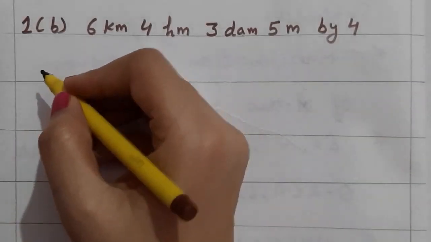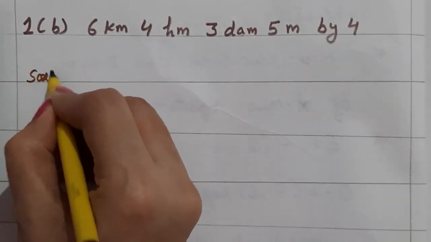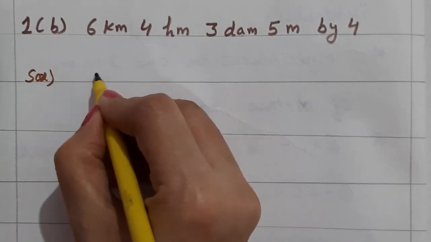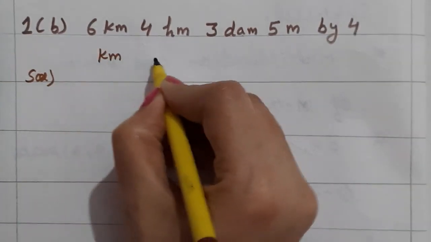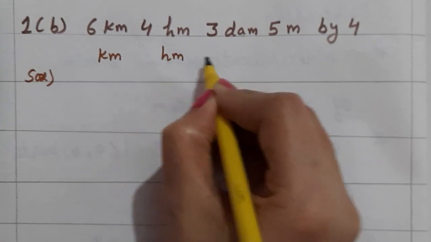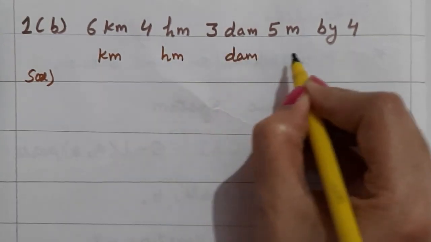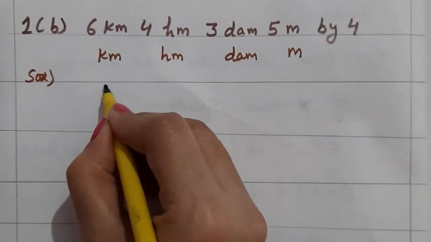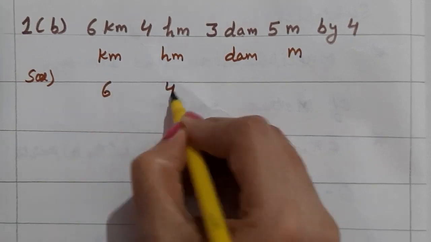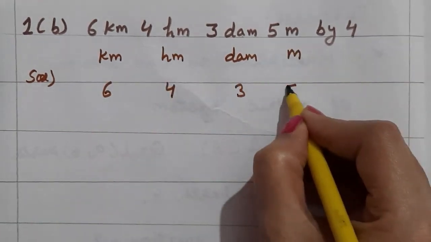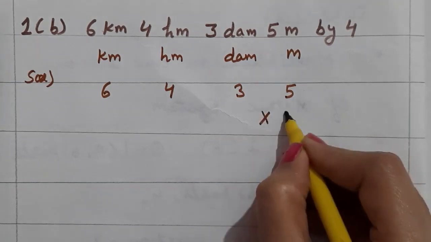So first of all we will write down units. Kilometer, hectometer, decameter and meter. Now write down the digits. 6, 4, 3, 5 meter. Multiply by 4.